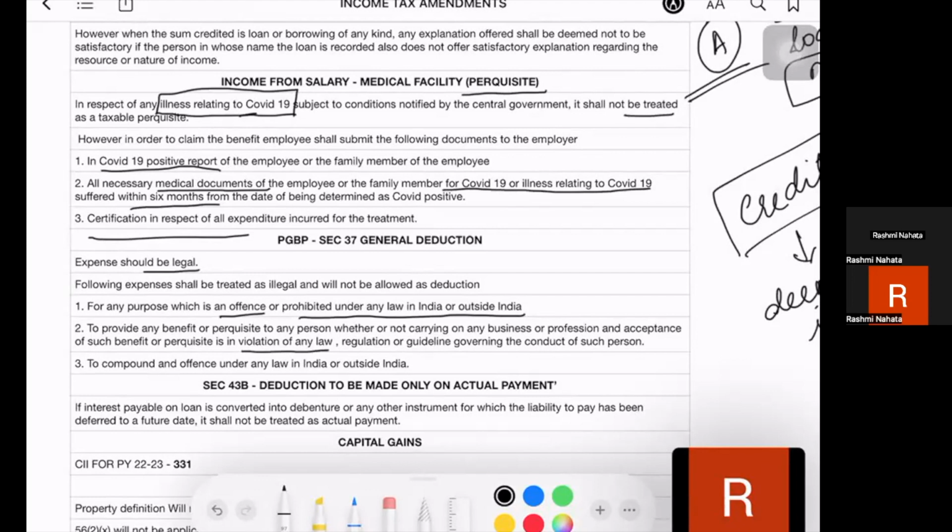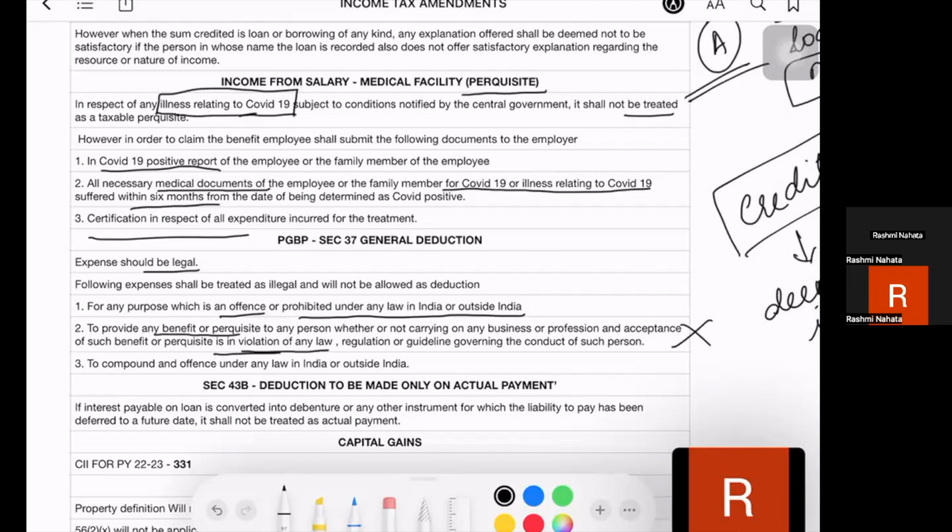Now, in case that is being done, then it is in violation of any law. So any benefit or perquisite which is offered to the doctors, in this case by the pharma companies, would be in violation of law, and such deductions will not be given.